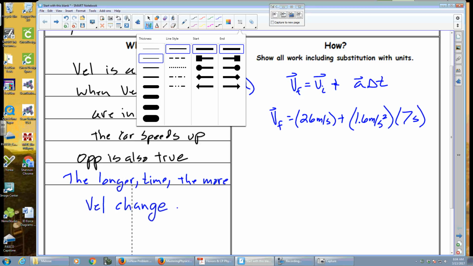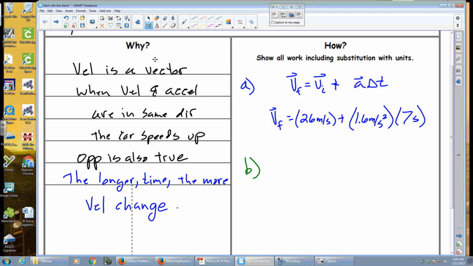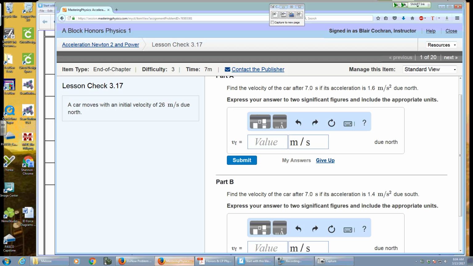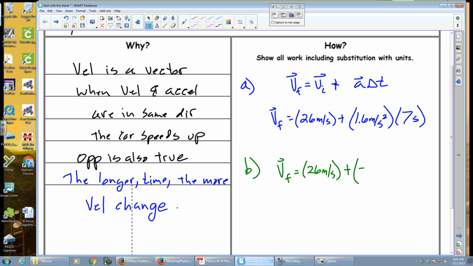And then part B, exact same formula. Except this time, my acceleration is south. So it'd be negative 1.4 meters per second squared times 7 seconds.